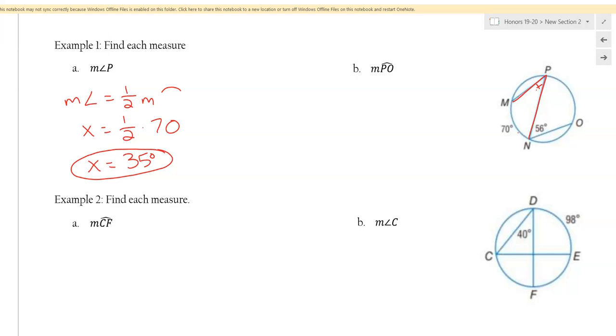Same thing with part B. I'm finding the measure of arc PO. So I'll put a Y there. And this is the angle that creates that arc, that intersects that arc. So the measure of the angle equals 1/2 the measure of the arc. The angle is 56 degrees.